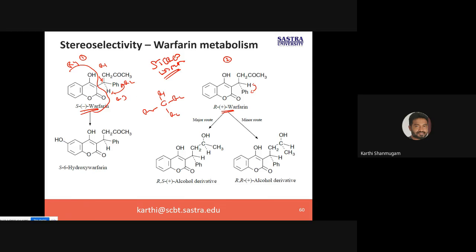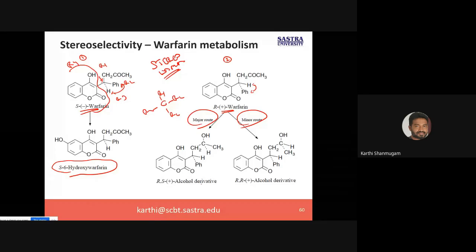S warfarin undergoes metabolism and is converted into 5,6 hydroxy warfarin. On the other hand, R warfarin can be metabolized using two different pathways, one called the major route and another called the minor route. If R warfarin is metabolized through the major route, the final product metabolite is the RS alcohol derivative.